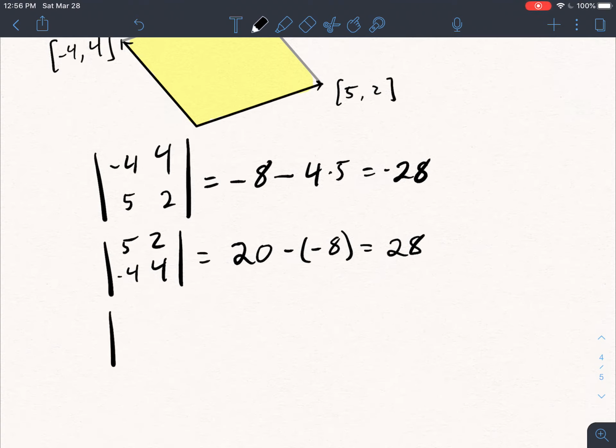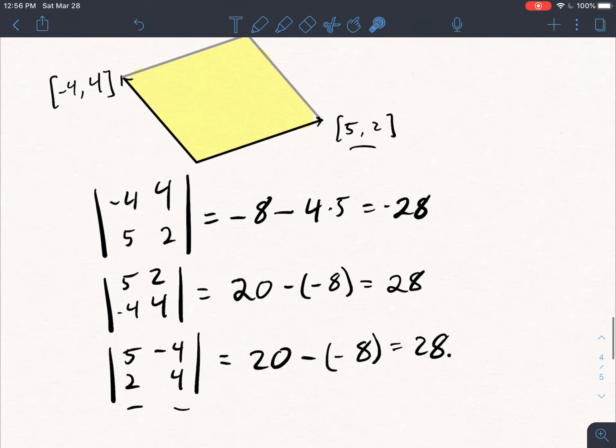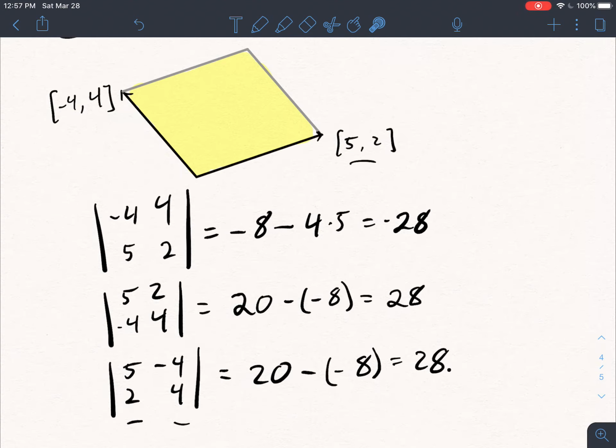Also note that I could have interpreted the vectors as columns, and I would get the exact same thing. So here I'm interpreting 5, 2 as a column and negative 4, 4 as a column, and so my determinant here would be, again, 20 minus negative 4 times 2, which is, again, 28. So nothing is changing here.